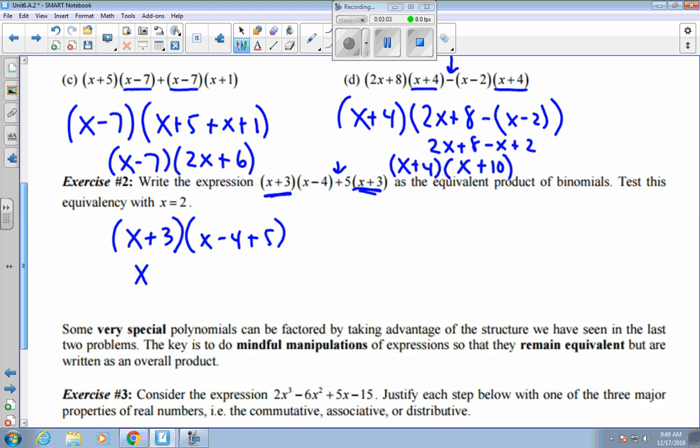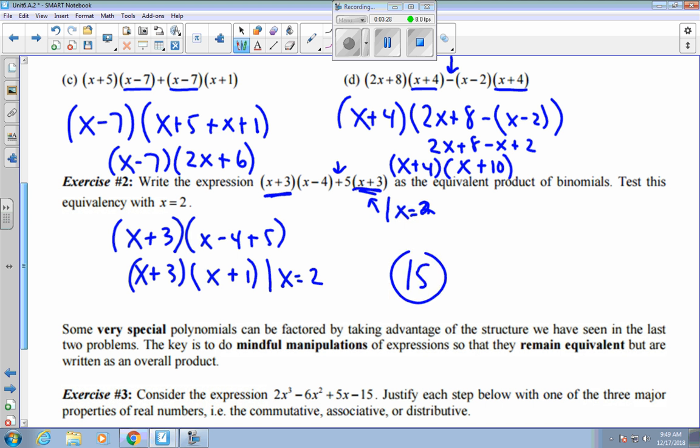So then we have x plus 3 and x plus 1. And when it says test the equivalency with x equals 2, you would do your such that x equals 2, and you would do the same for the original. Make sure it works. And when you plug it into your calculator, you should get 15 for both of them.